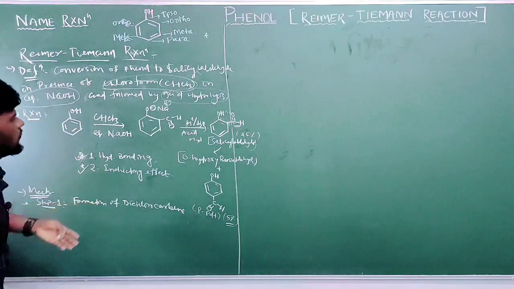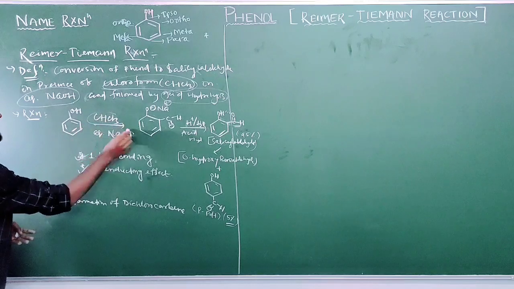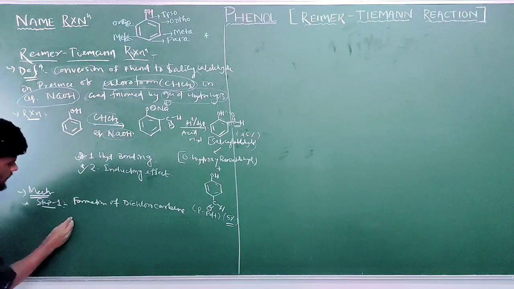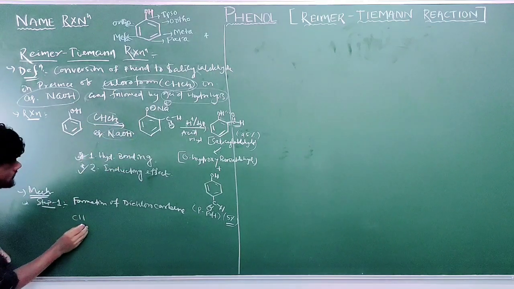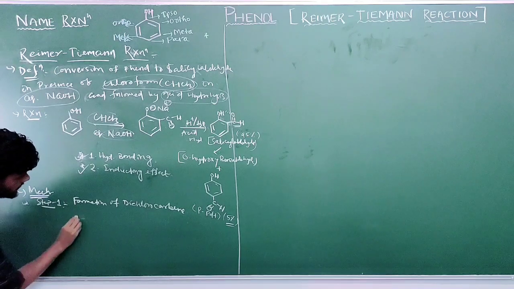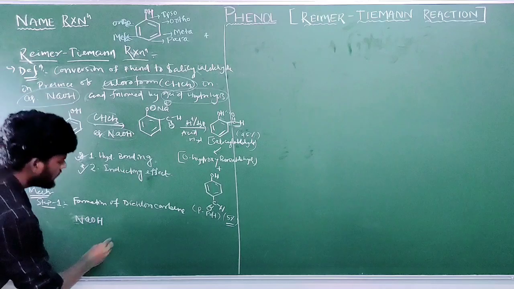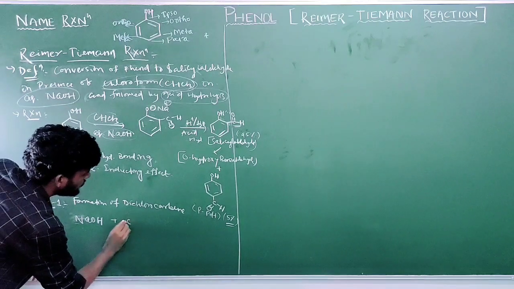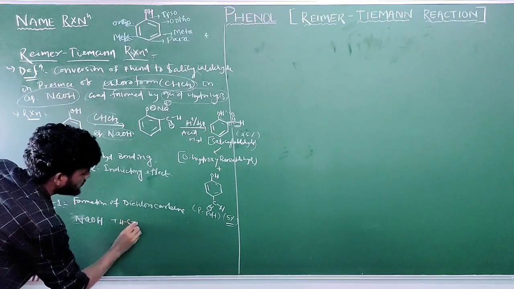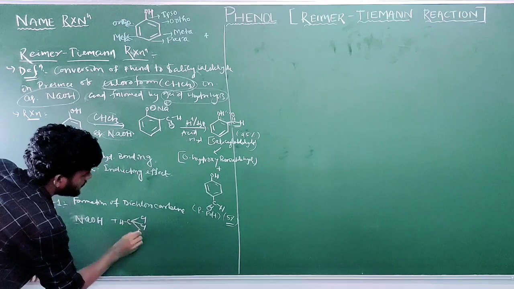So formation of dichlorocarbene. How does dichlorocarbene form? Here you are using chloroform and sodium hydroxide. First write sodium hydroxide, NaOH, which is a base. It will abstract hydrogen from chloroform, CH attached to 3 Cl.